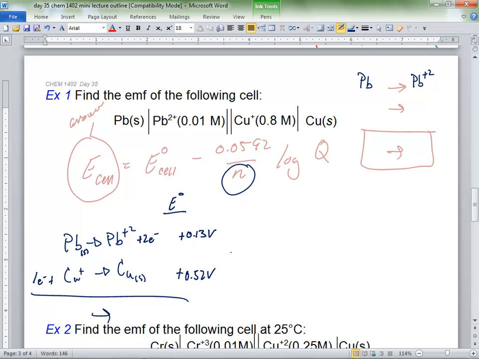It has to be exactly this way, because those reactants and those products have to be what the cell notation said they are. You have no choice in the matter. So you add the two up, you get about 0.65. Oh, we have to multiply. The electrons aren't going to be canceling.